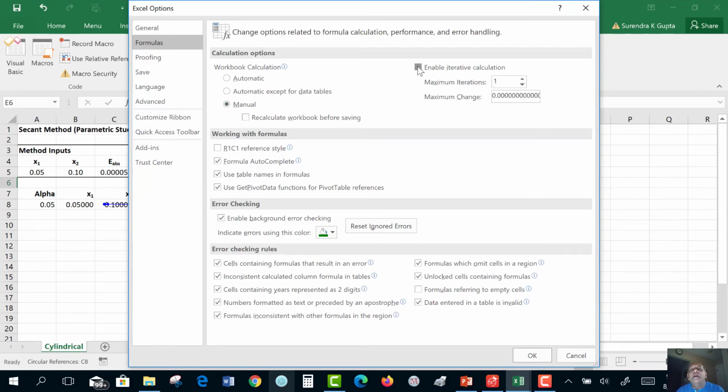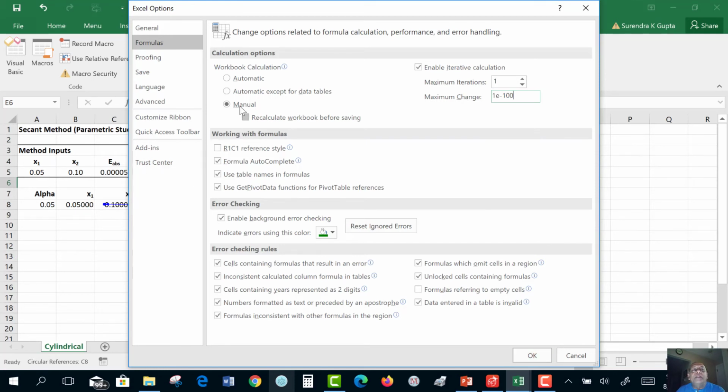We want to enable iterative calculation, and we want to do one iteration at a time. And we want to ignore this maximum change option. So we'll set this to some very low value. You know our limit is minus 308, so I could have set it to minus 308.